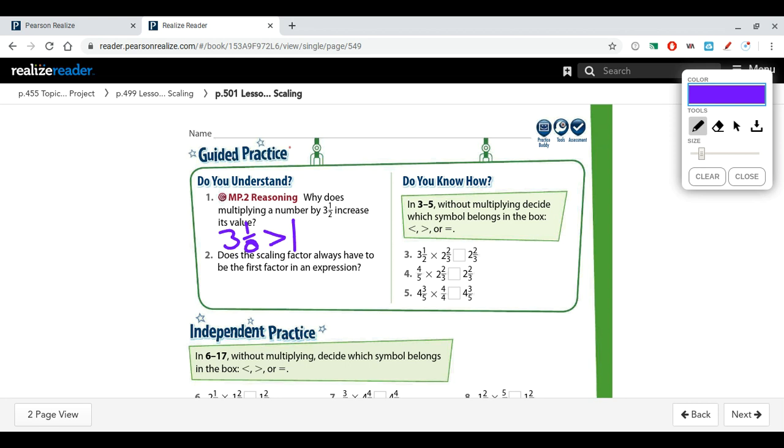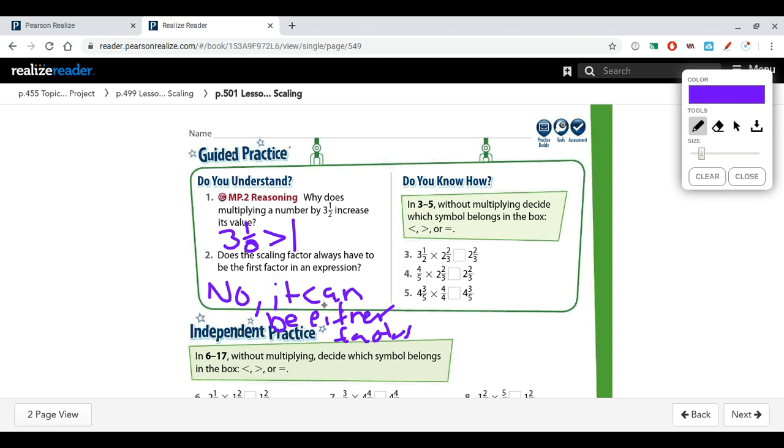So because 3.5 is greater than 1, my product is going to increase. All right, does the scaling factor always have to be the first factor in an expression? So the answer there is going to be no. It can be either factor. I love that I can't draw eyes. I have to go back and add the dots in.